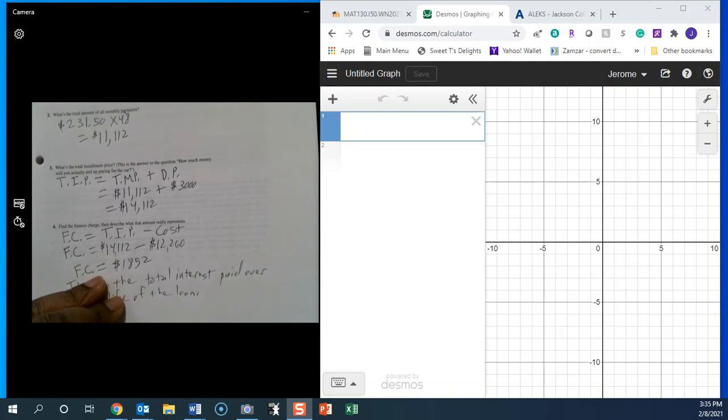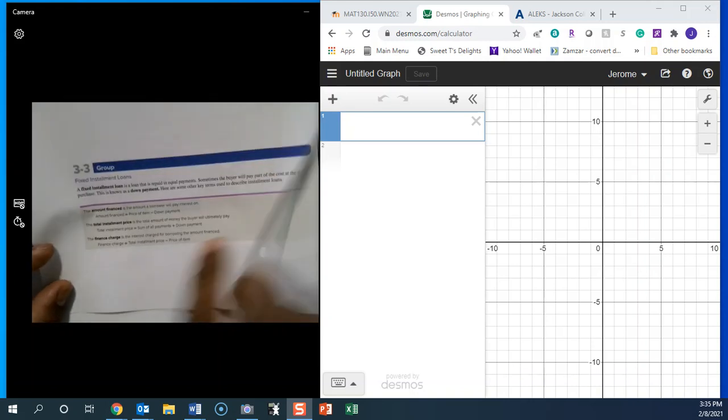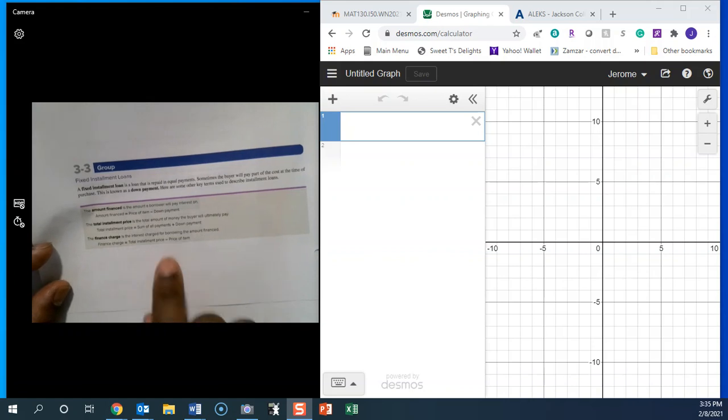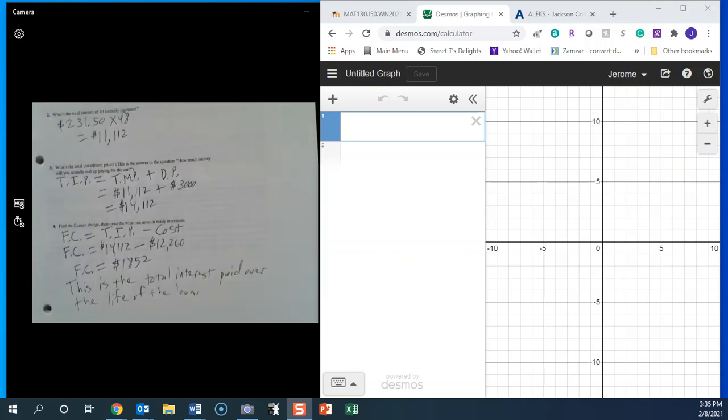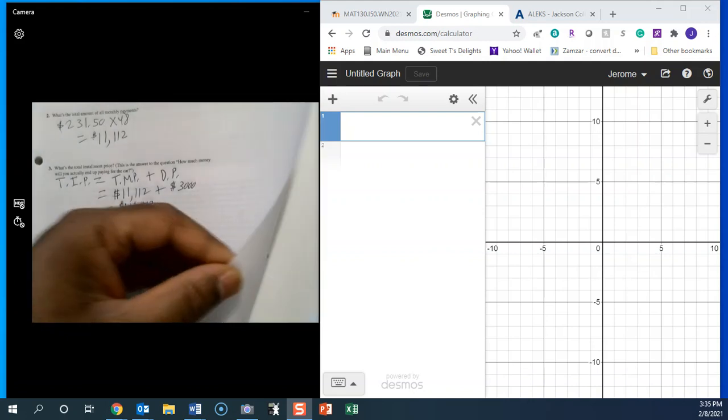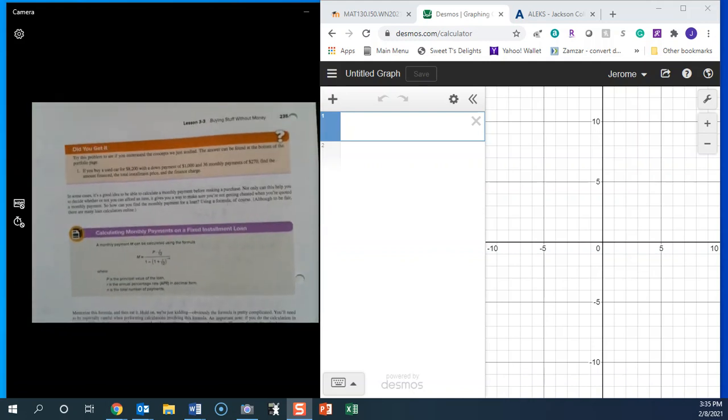And that, of course, is the last portion that we studied from the previous page. Okay, so now we go on to the next page.